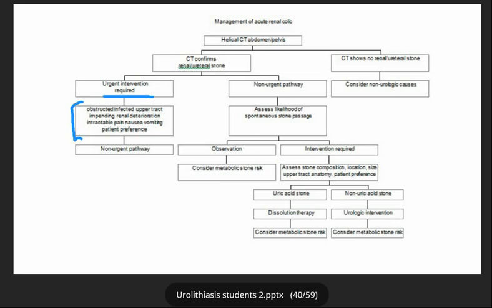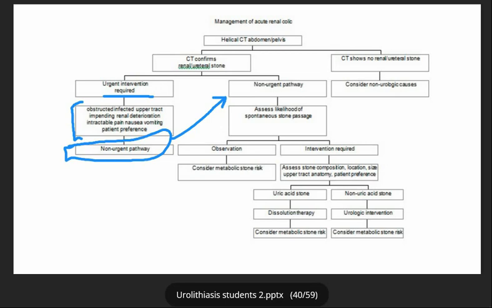So if you triage the patient and you feel that there is nothing urgent, then you can move to the non-urgent pathway. Is the arrow clear, what I'm writing? Yes, clear. You move to the non-urgent pathway.